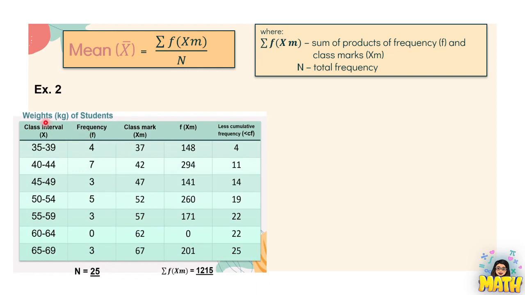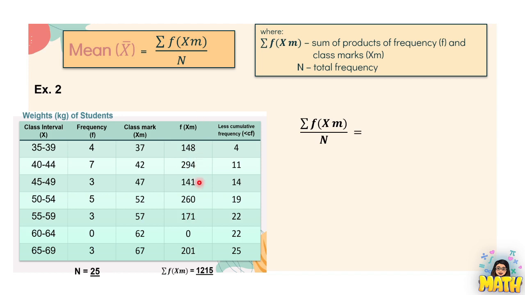Let's have another example. This table refers to the weights in kilograms of 25 students. So our data is complete here, and let us just compute its mean, still using this formula. Here is the product of frequency and class mark: 4 times 37 is 148, 7 times 42 is 294, and so on and so forth.